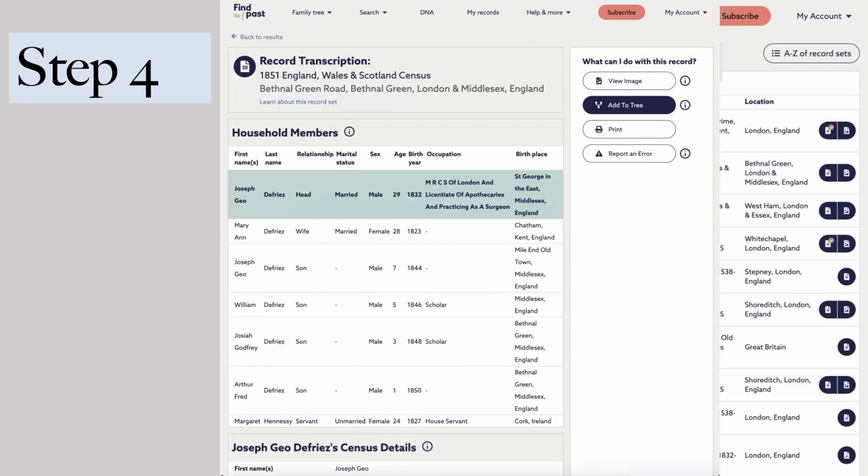Now, once you click on that and you have the record, you get the transcription of the record. So now you have the wife's name, which may also help you identify the right family, and you have the names of their children, and you'll see that you also have a Joseph George child who was born in 1844.